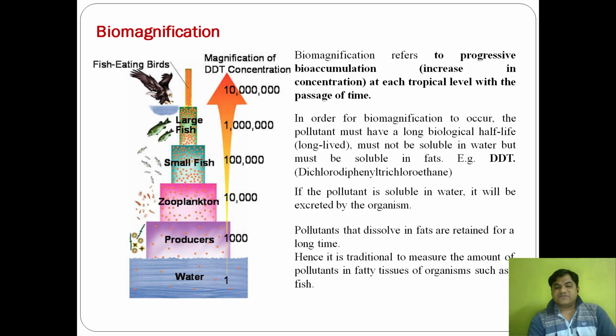You can see here in the figure, in water the percentage of DDT is lower, but as it enters the food chain, from water to the producer, from producer to the zooplankton, small fishes, large fish, and lastly the fish eating birds, the concentration of DDT is higher as it accumulates in the fatty tissue of an organism.